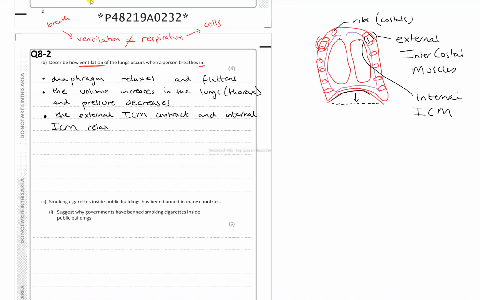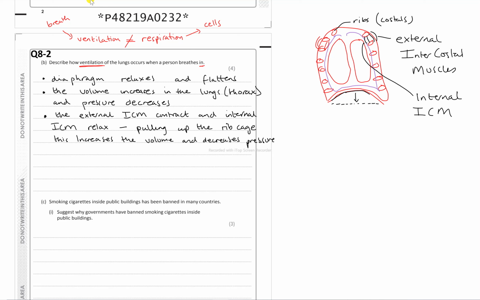And what does that do? Pulling up the rib cage. And what does that do? This increases the volume and decreases the pressure further. Decreases pressure. So there's two things that have happened.